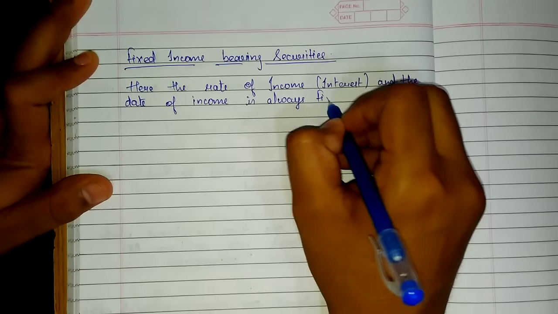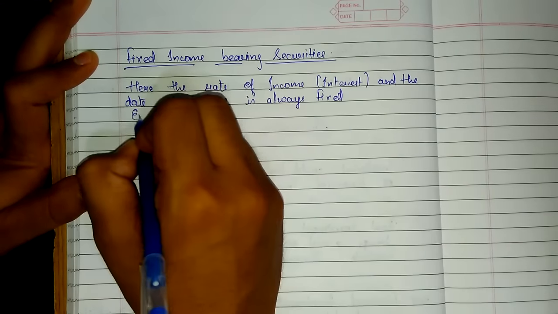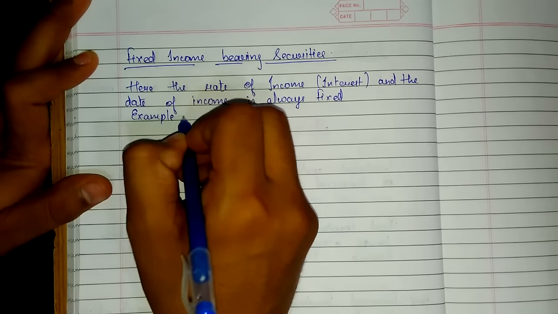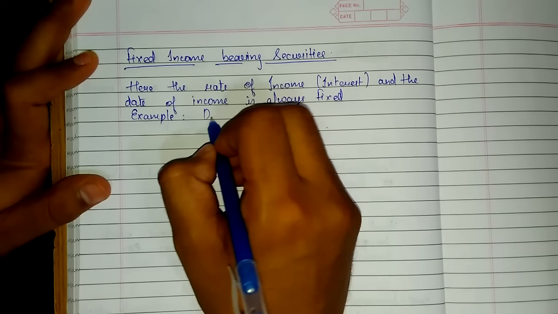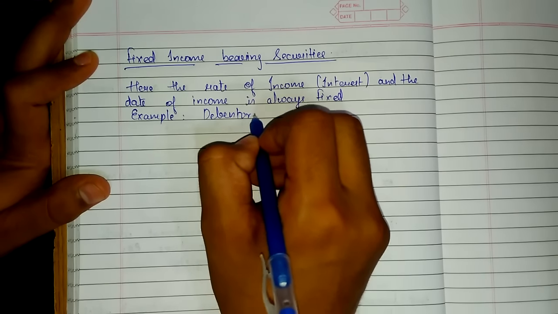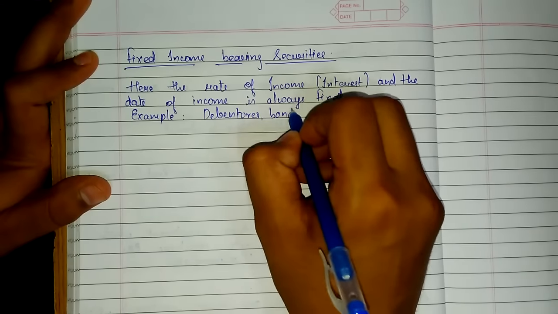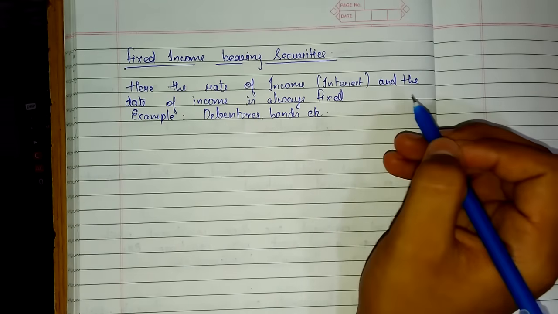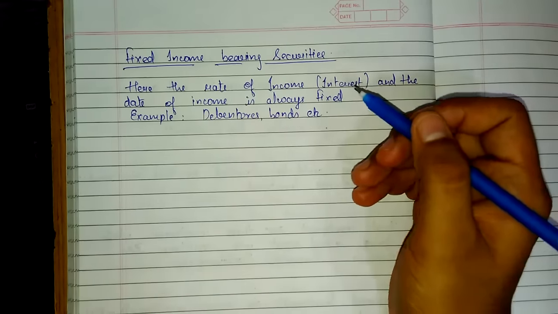Example, debentures, bonds, etc. I hope you understood what fixed income bearing securities means.